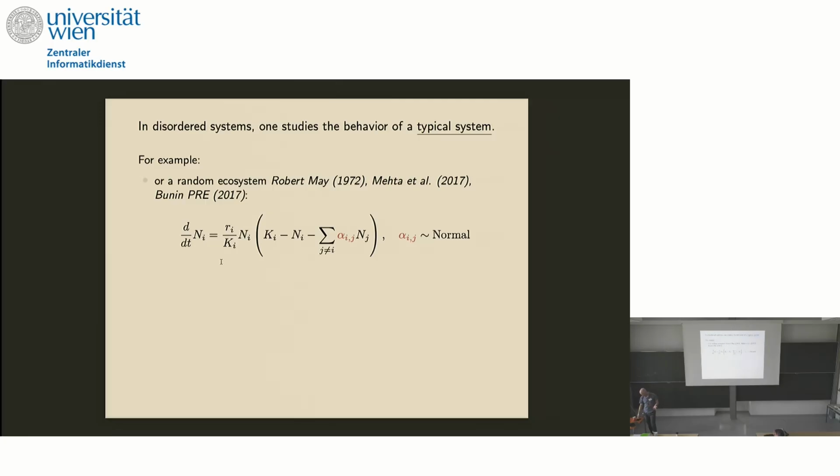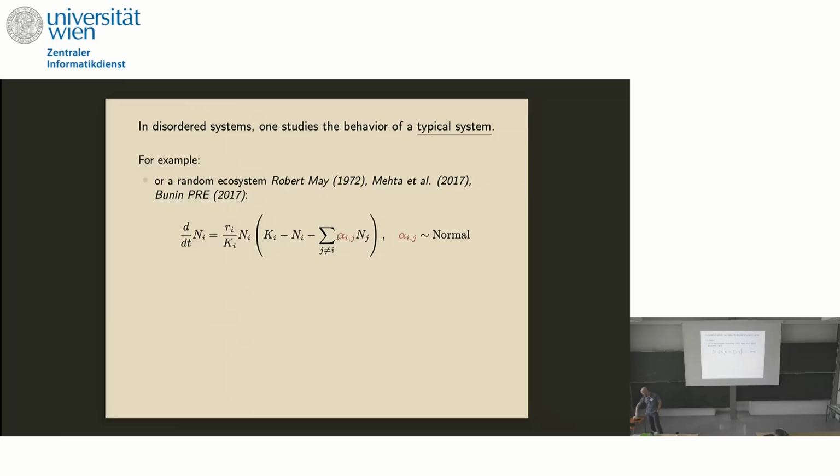And so, for example, in the ecosystem model, I'm just writing down one example of equations that you can use to describe an ecological system where Ni is the number of cells of species i, and the important thing here is that you have these terms alpha which describe the interactions between the species. This is an example of a consumer resource type model.